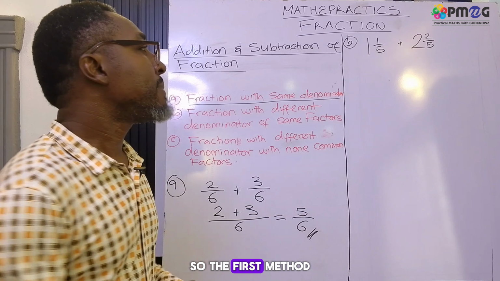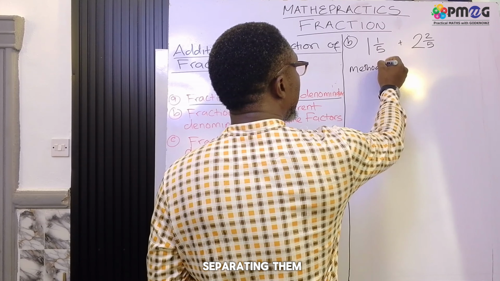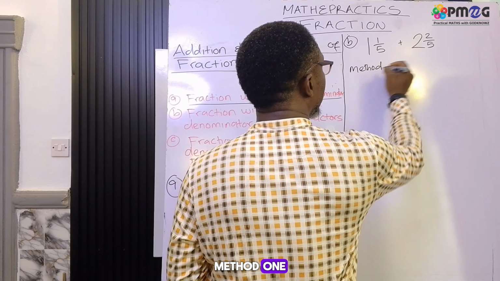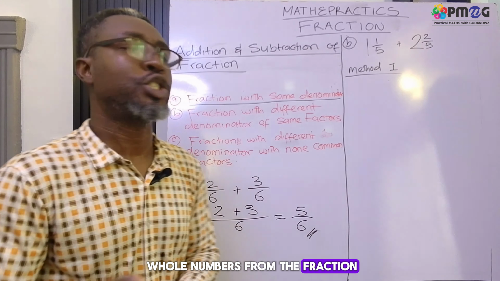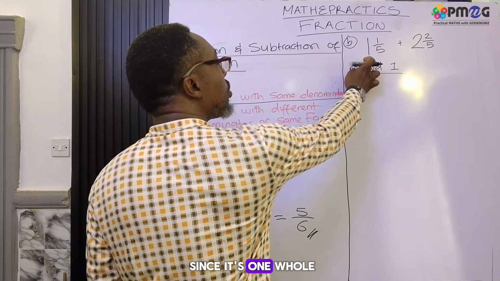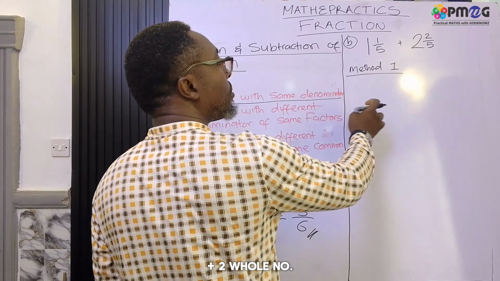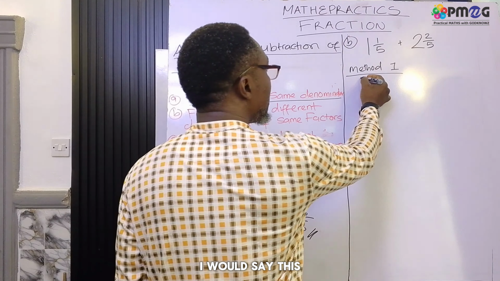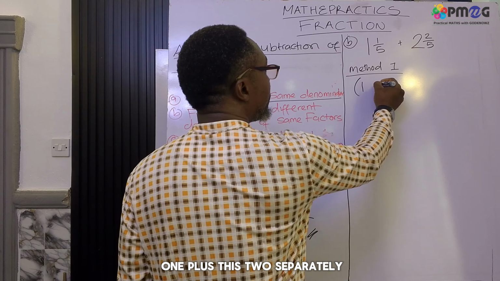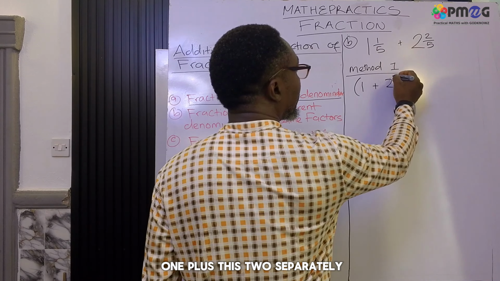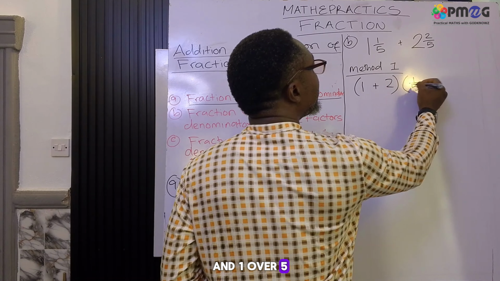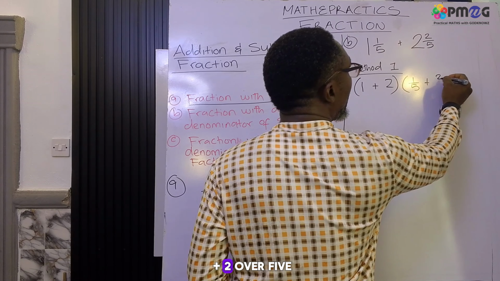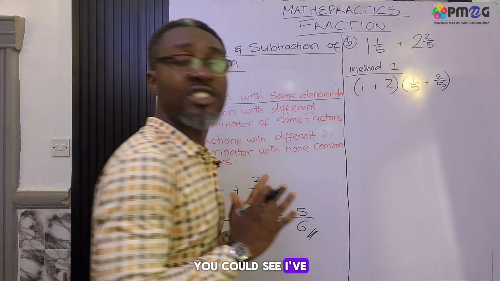The first method is separating the whole numbers from the fractions. So I would add this 1 plus this 2 separately, and 1 over 5 plus 2 over 5. You can see I've separated them.